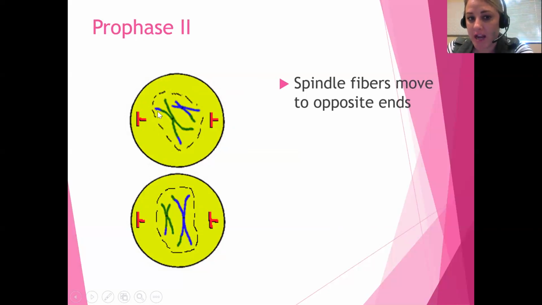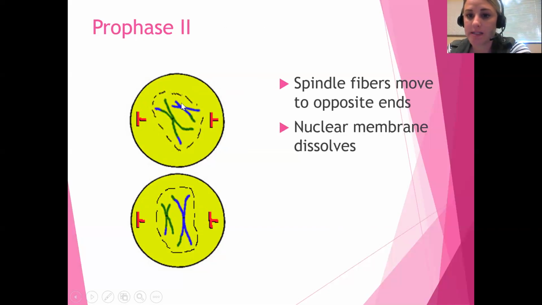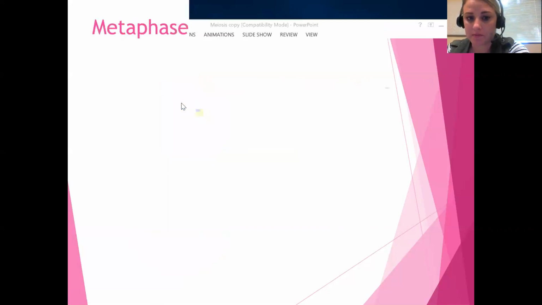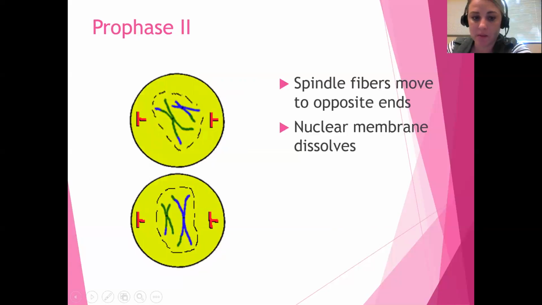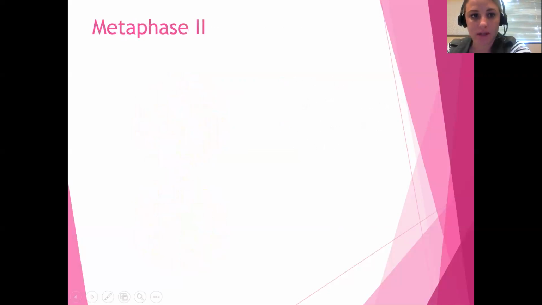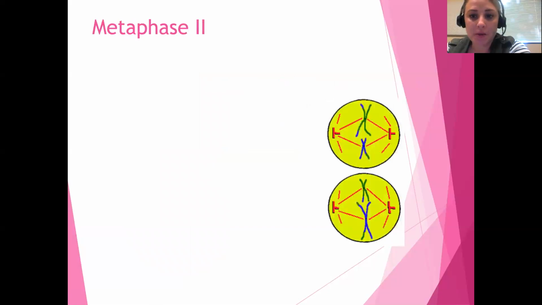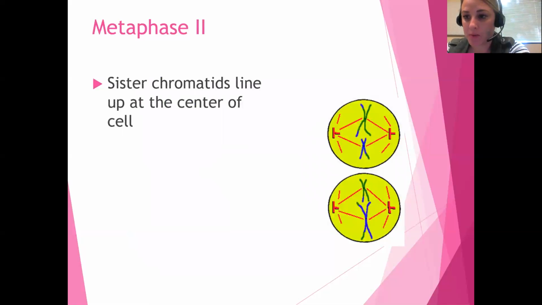They've exchanged that information. Again, we're going to see the nuclear membrane dissolve. It kind of goes fast, so you can see the membranes dissolving. Our centrioles are going to start moving to the ends. Spindle fibers are going to form and attach to that centromere eventually. So metaphase 2, those sister chromatids are going to line up in the center or the middle of the cell.